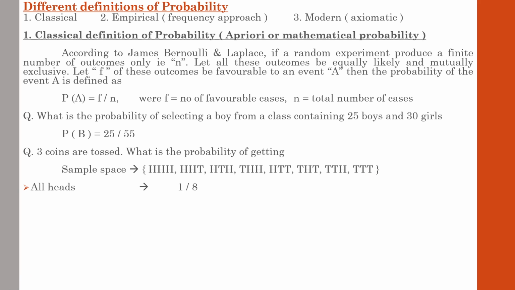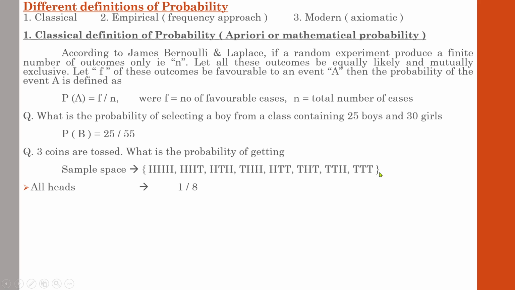First one: what is the probability of getting all heads? It will be 1 by 8. See, 8 means 1, 2, 3, 4, 5, 6, 7, 8. The denominator is represented by the total number of cases. So 8 will be the value in the denominator for whatever question is asked with regard to this. So all heads.